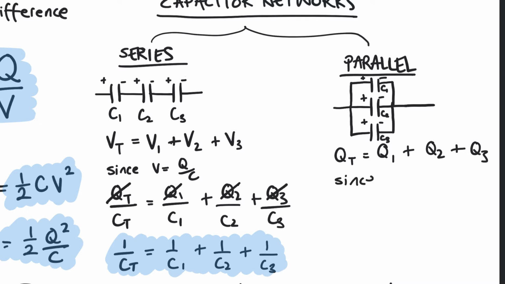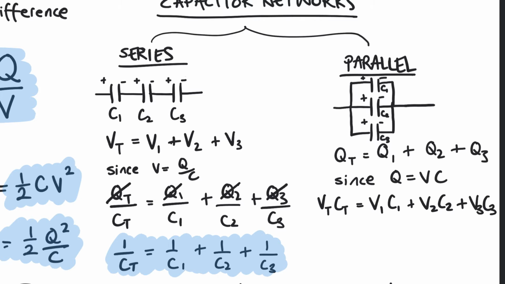Now, since that charge is equal to the voltage times the capacitance, then we can say that we have the total voltage times the total capacitance is equal to the voltage across C1 times C1 plus V2 C2 plus V3 C3.